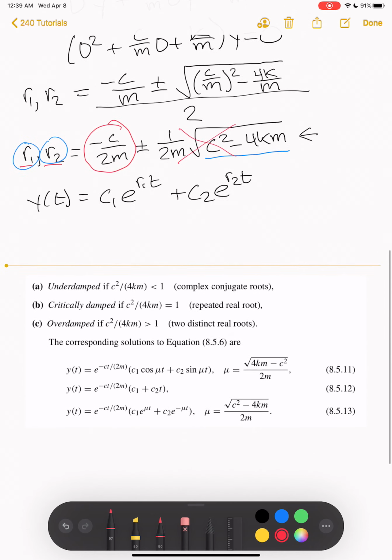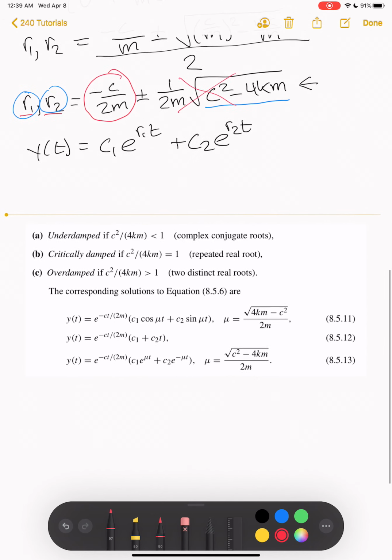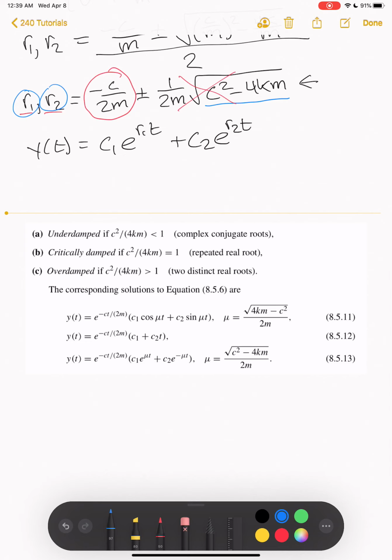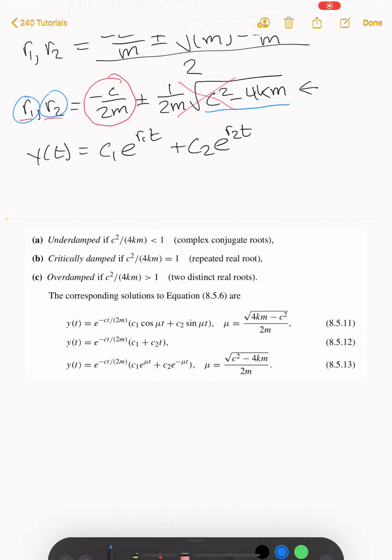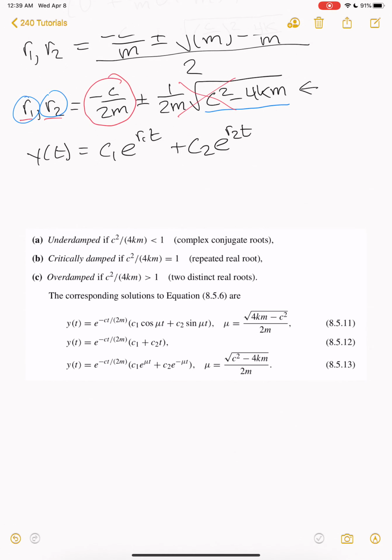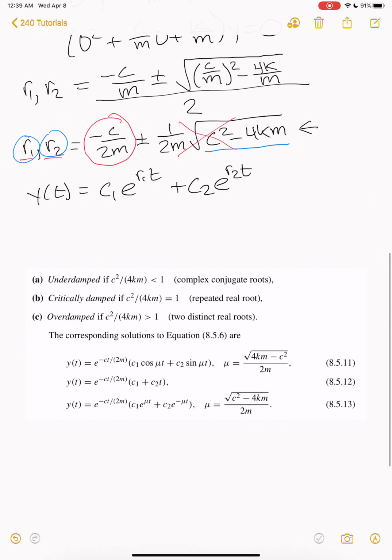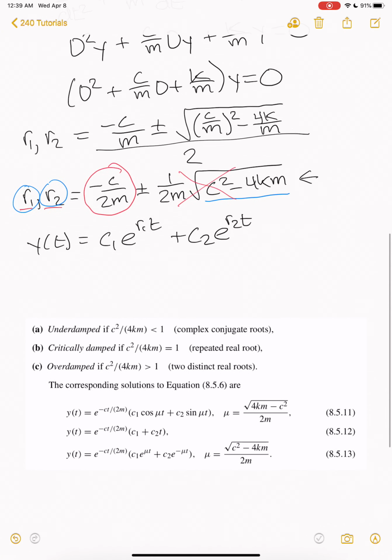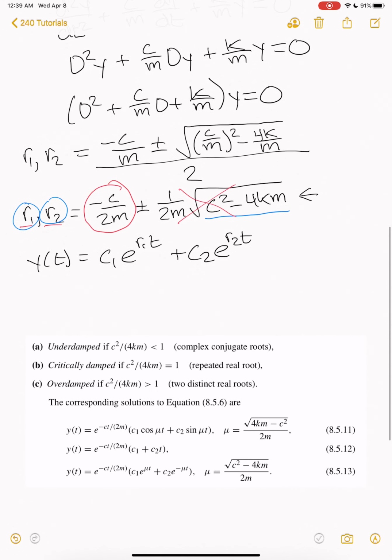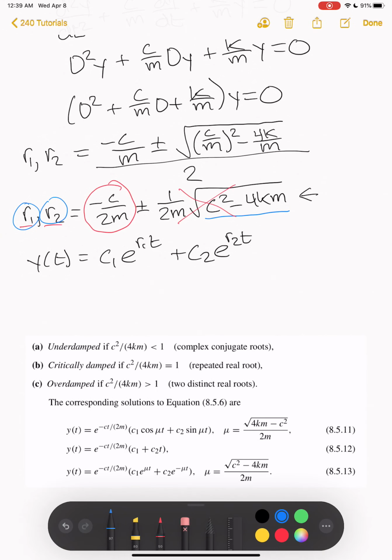And so if we have repeated roots, what we do then is use the second solution here, y of t is equal to negative C over 2M. And we check that condition just by making sure that this radical goes to 0. Okay, so that's repeated roots.